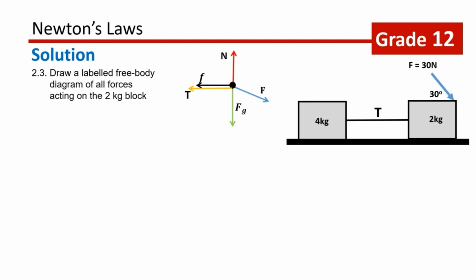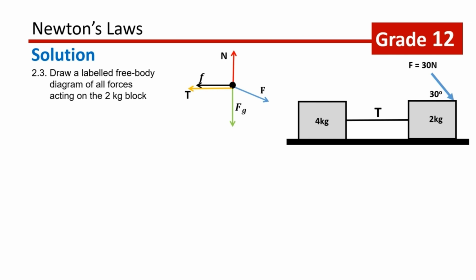The third question says draw a labeled free body diagram of all forces acting on the 2 kilogram block. If you look at the 2 kilogram block, there is a force 30 newtons acting at an angle 30 degrees. We also have the normal force acting on that block, and then we have Fg acting on that as well as friction.